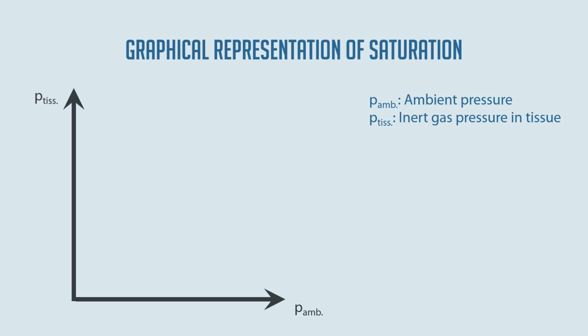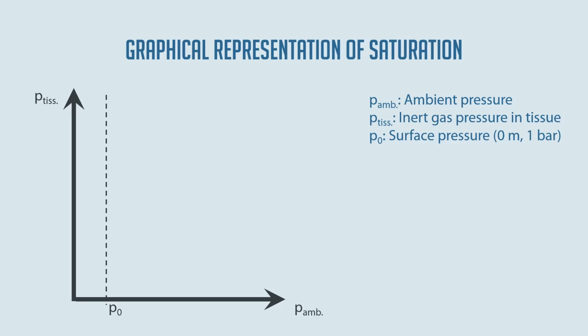This means that the more saturated we are with an inert gas, such as nitrogen, the higher we are on the graph. Next, we draw a straight line from the bottom to the top on the graph and label it P0. This is the pressure at the water surface, in most cases 1 bar at a depth of 0 meters.